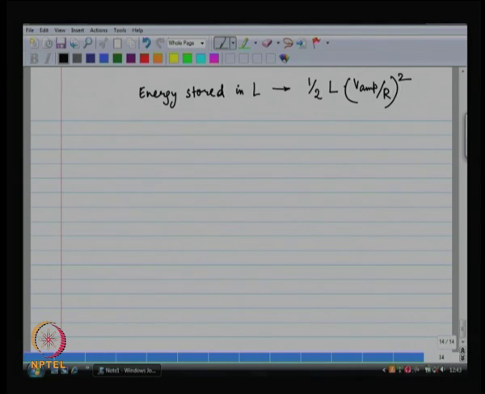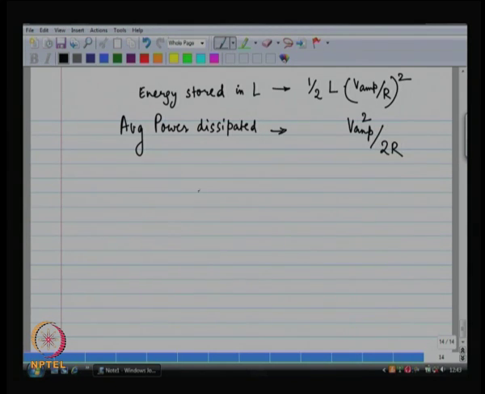Okay. And the power burnt is equal to V amplitude squared by 2R.